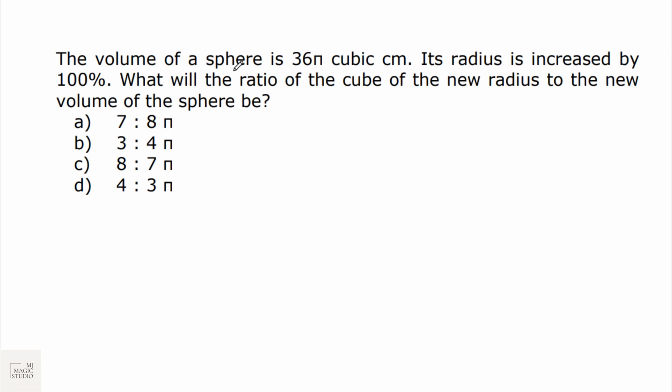The volume of a sphere, if radius of a sphere is r, is given by 4 by 3 pi r cube. The volume of the sphere is 36 pi cubic centimeter. That means 4 by 3 pi r cube equals 36 pi.